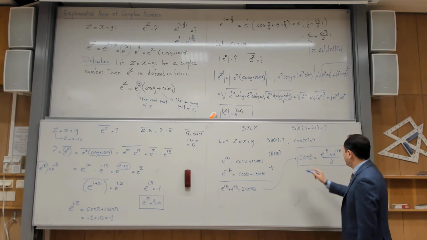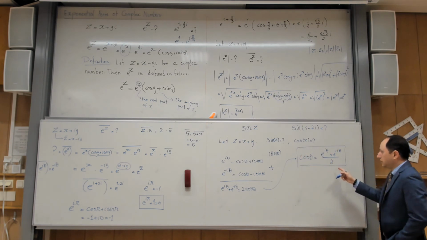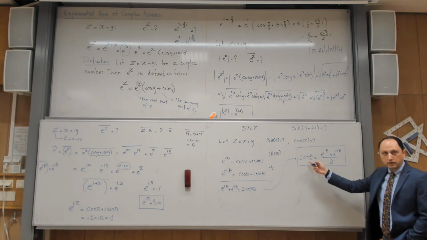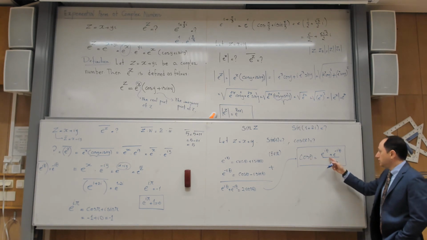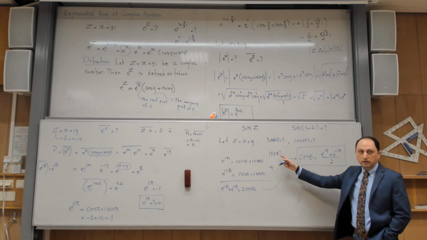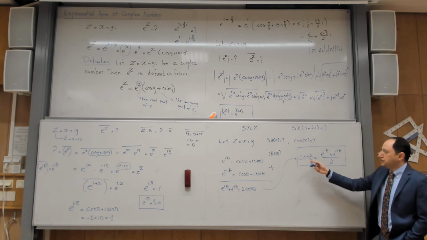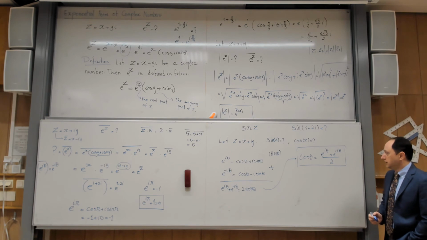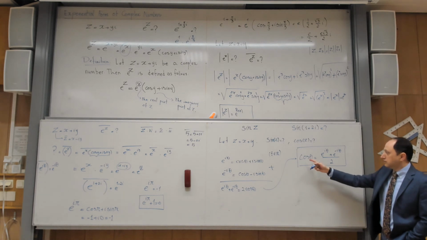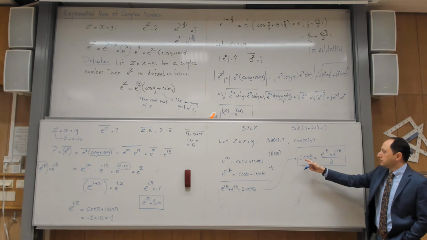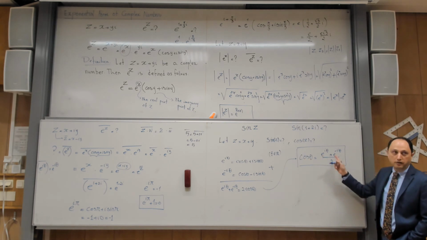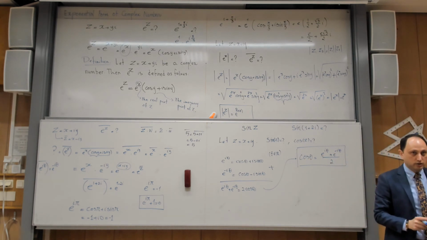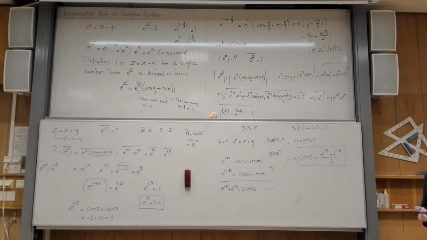If I ask you what I have done, you can say you have proven that cosine theta is equal to this expression if theta is real. So it means that if this is your normal cosine function that you learned in chapter 1, today we learned that there is a connection between that cosine and this exponential function in the realm of complex numbers. This is a proof. It's not a definition. Yes?